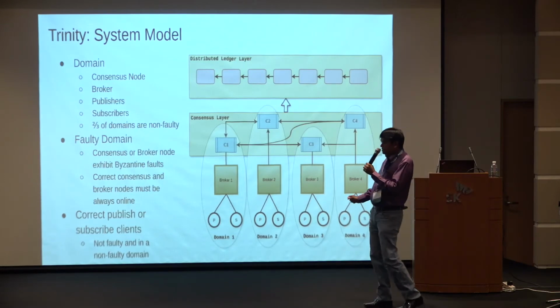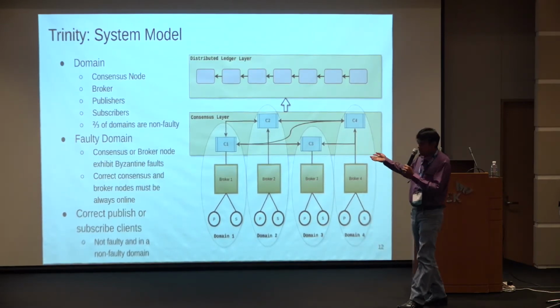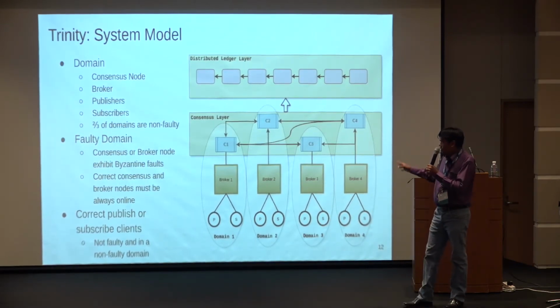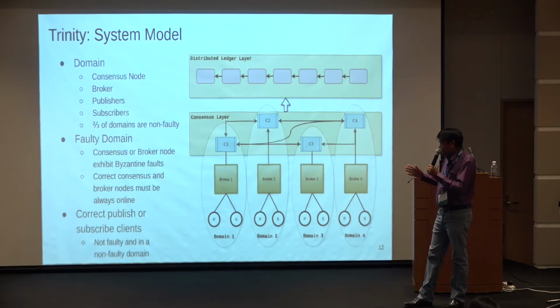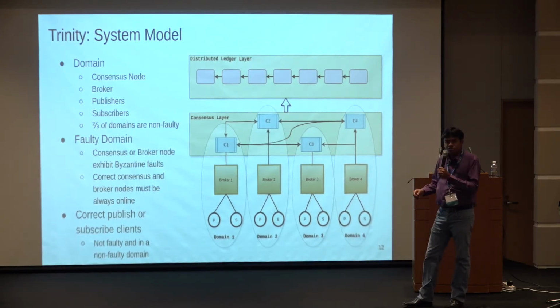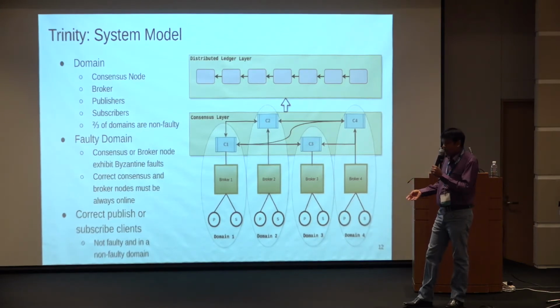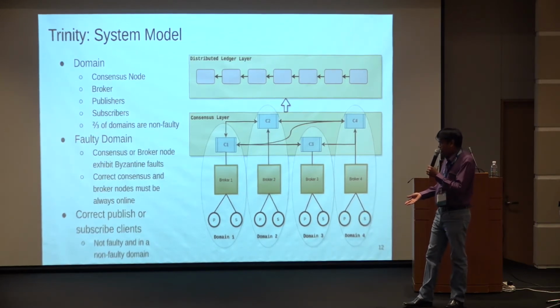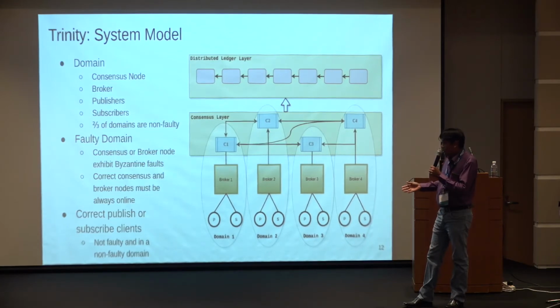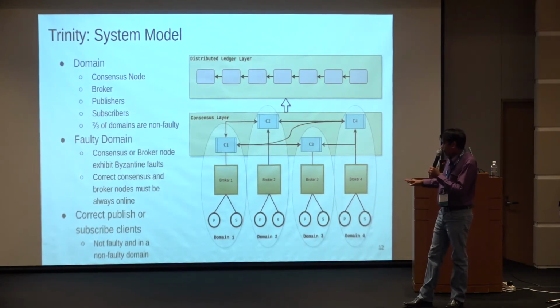A domain is considered to be faulty if either a consensus node or a broker exhibits Byzantine behavior. We also assume that the correct consensus nodes and broker nodes are online to handle the messages produced by the publishers. And of course, the publishers and subscriber clients are assumed to be correct and non-faulty, and are part of the non-faulty domain.